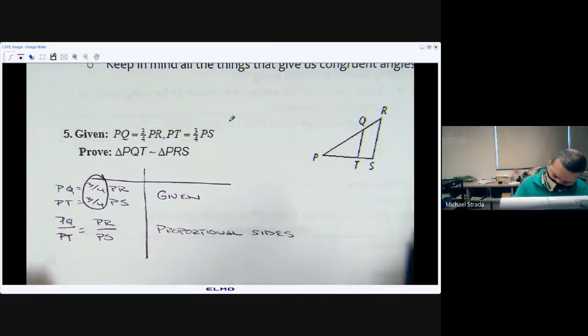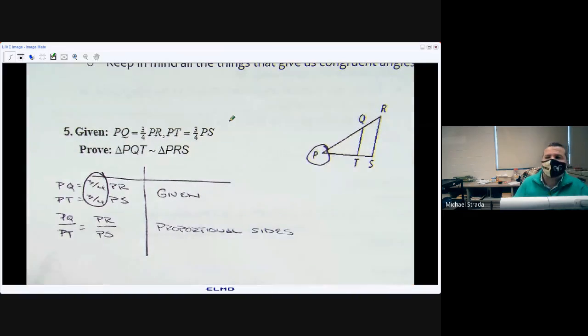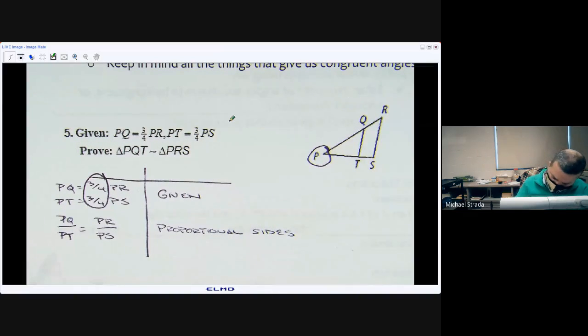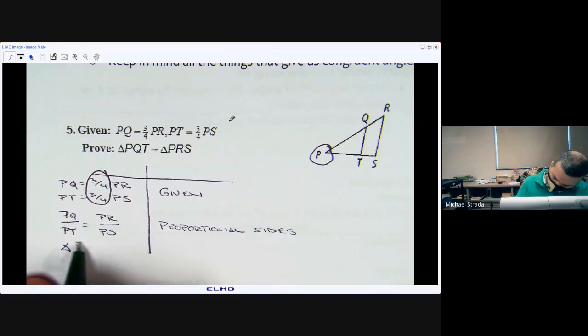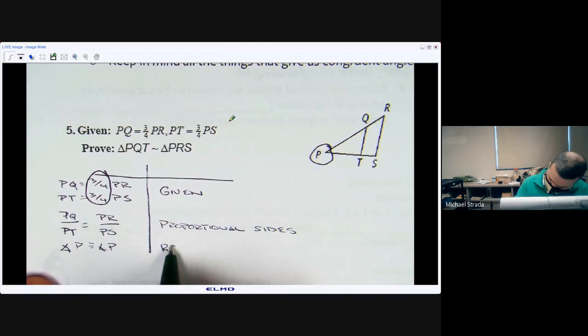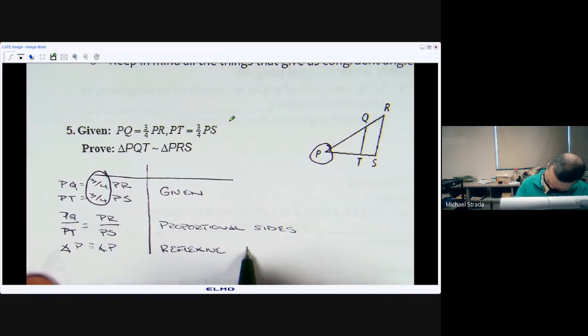Now, same as above. You should hopefully recognize it's probably going to be common. Angle P is a shared angle. So angle P is congruent to angle P by the reflexive property.